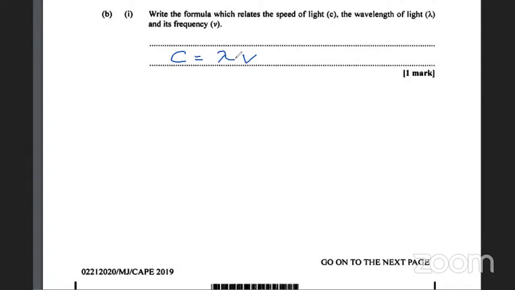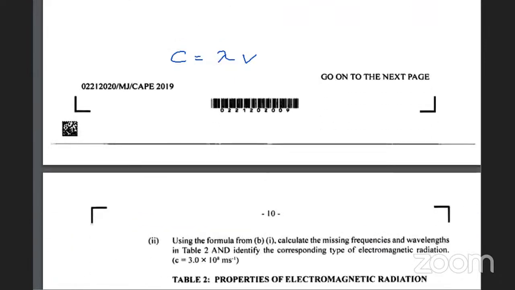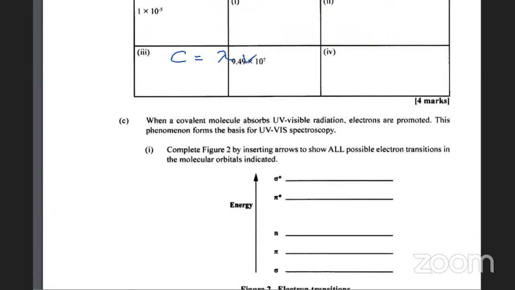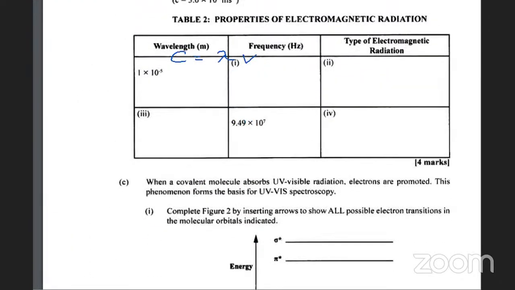So that's the equation that relates speed of light, frequency, and wavelength.